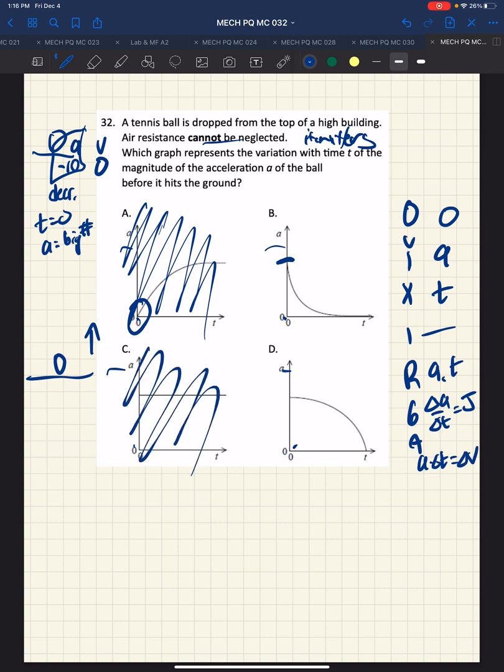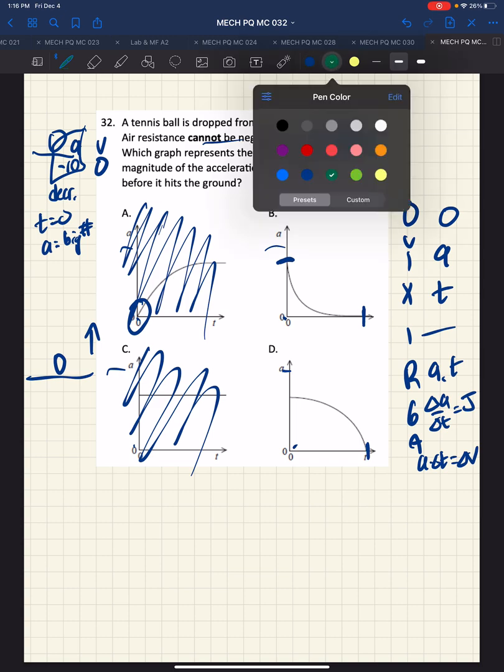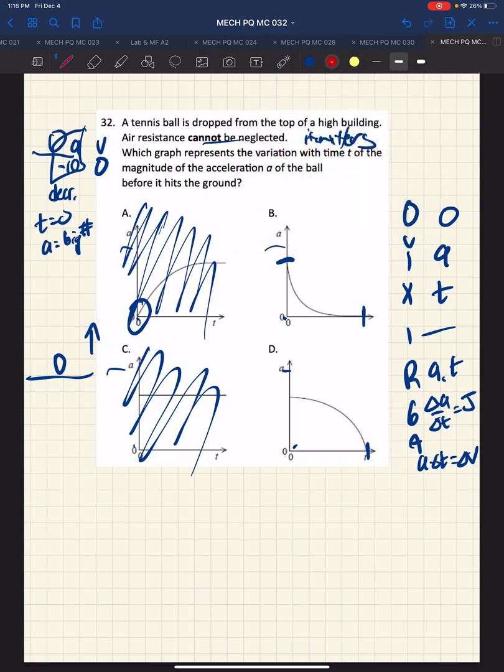And so when we look at choices B and D, they both ultimately end up at an acceleration of 0 at about time t. The distinction between them is more about how they're getting there. So in choice B, the acceleration changes rapidly, and then the change gets smaller and smaller until eventually it's barely changing at all when it reaches its constant velocity, constant acceleration of 0.